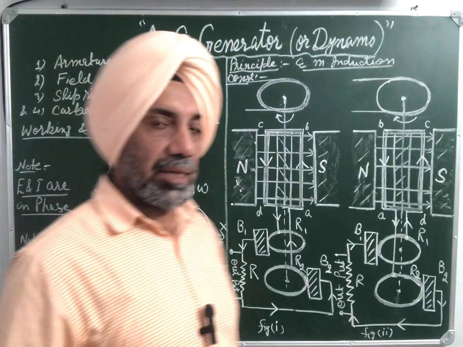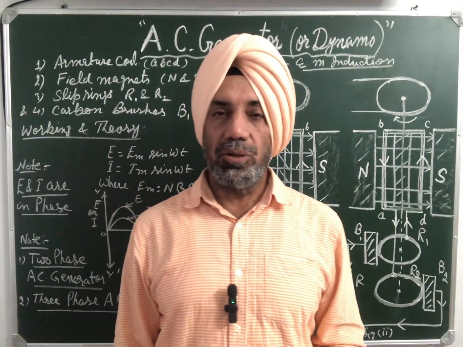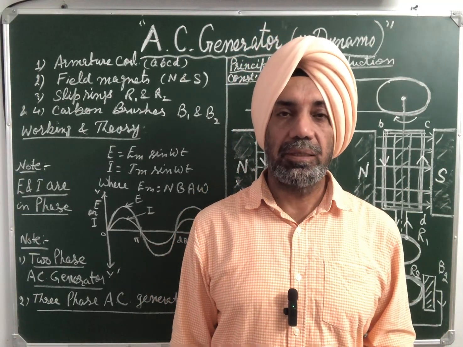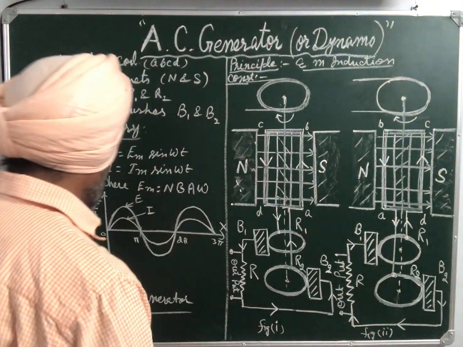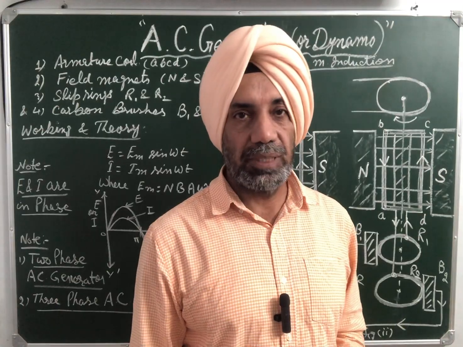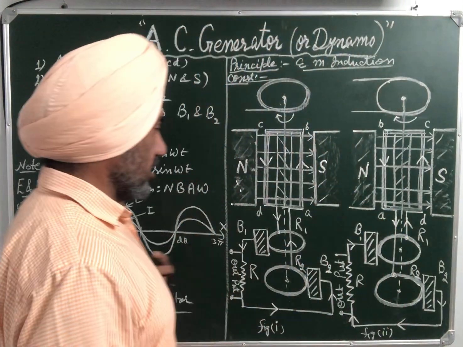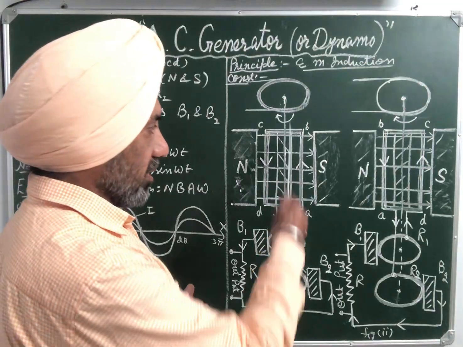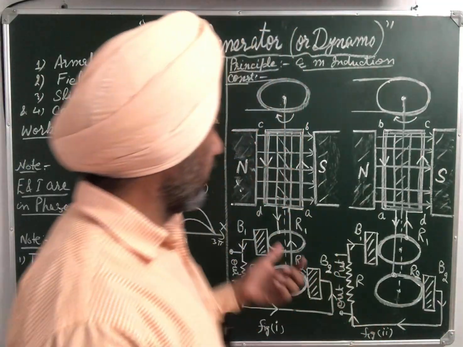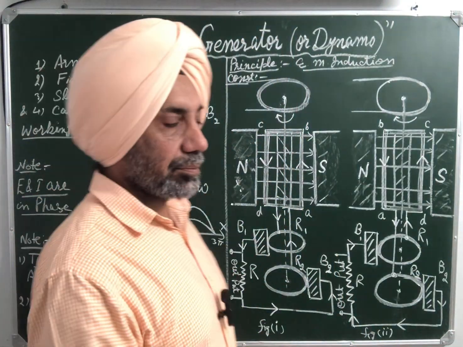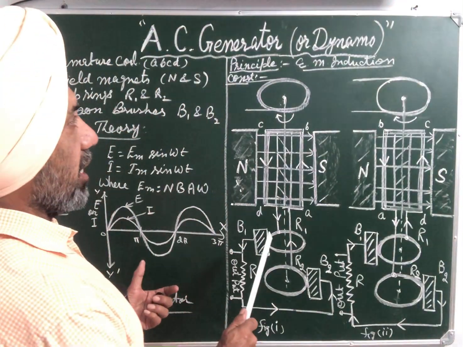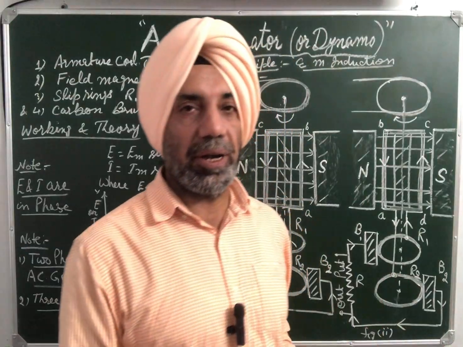And in a three phase AC generator, three coils will be used, so the phase difference will be pi by 3, that is 60 degrees. Three phase AC generator means three coils having the same axis. Two phase AC generator means two coils. A single phase AC generator means one coil. So this is all about the AC generator or dynamo, which is very very important.